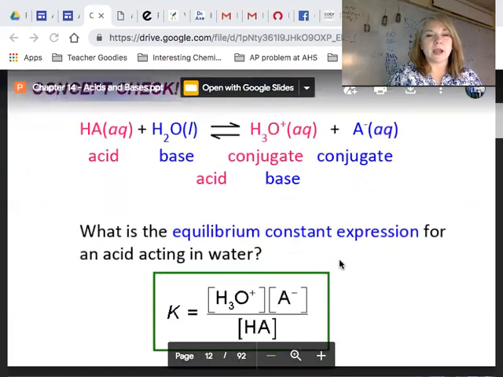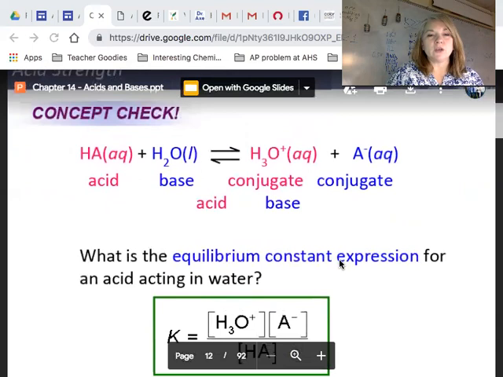Okay, so let's look at any general acid being added to water. A general acid is HA, and A would mean your anion. It's just any random chemical, whatever your anion is. Water is acting as our base, and notice the acid loses its hydrogen ion to the base.